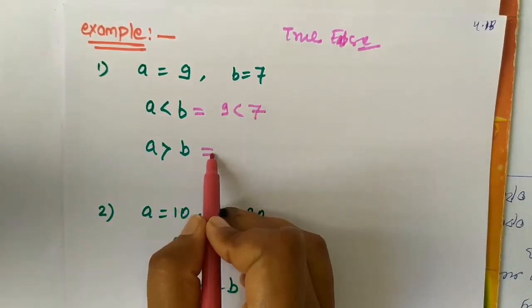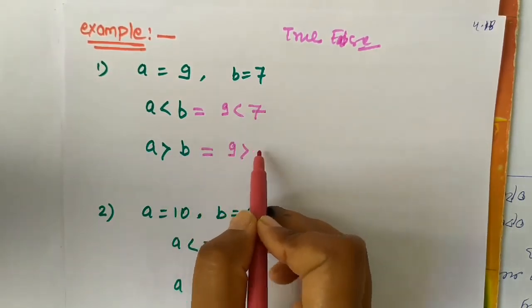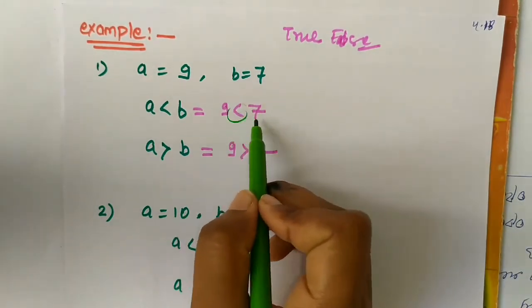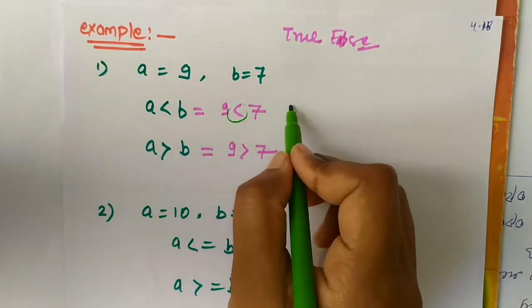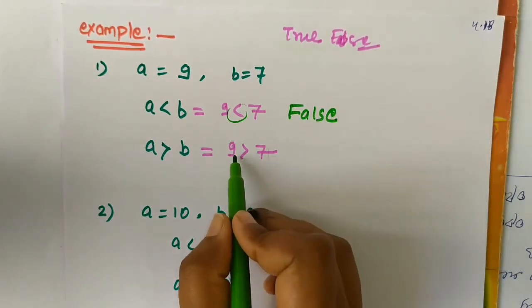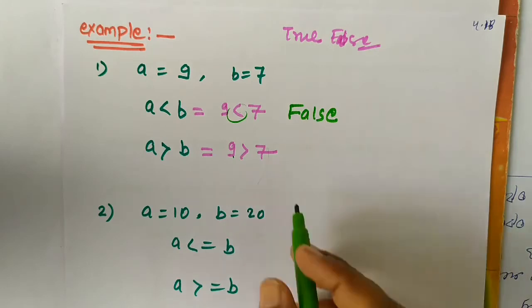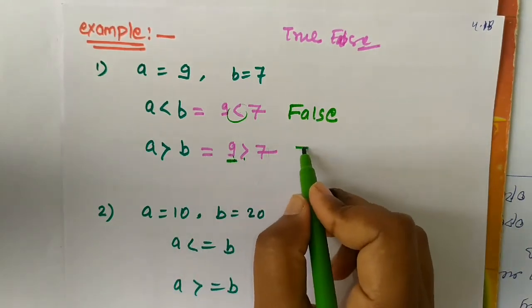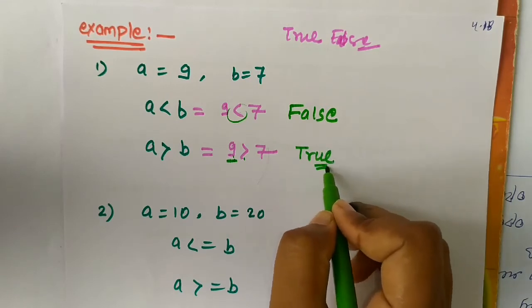Is 9 really less than 7? No, 9 is greater. So this is false. Next, 9 greater than 7. Yes, 9 is greater than 7. So the result is true.